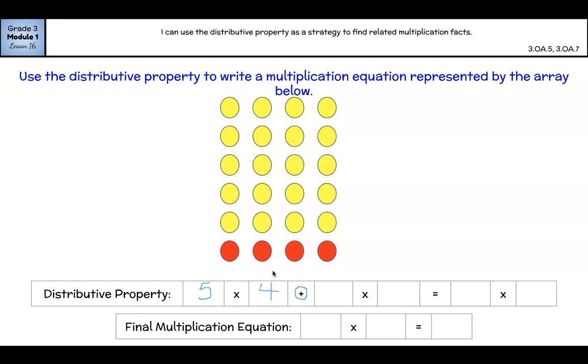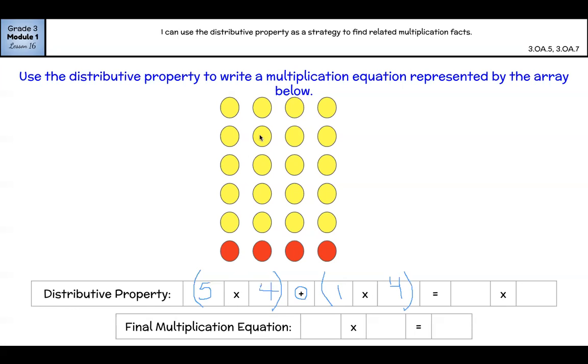And then I'm actually adding here. What we would have to have here is a parenthesis here and a parenthesis here. So I would multiply this 5 times 4. 1 4, 2 4, 3 4, 4 4, 5 4s. And then I'm going to add this other group of 4. So this other group of 4 is one group of 4. And that would also be in parentheses, typically, if you're writing. And then you come up with what you actually have here.